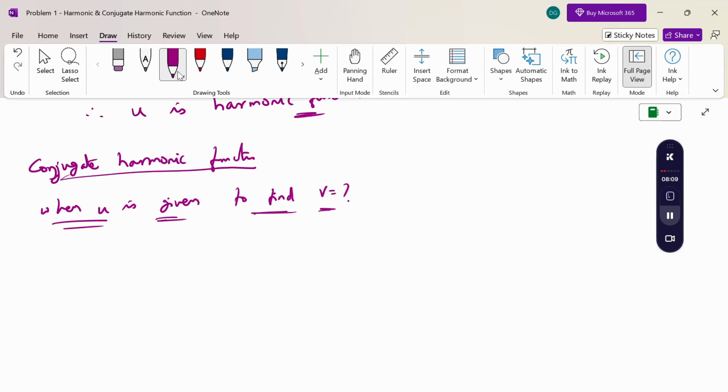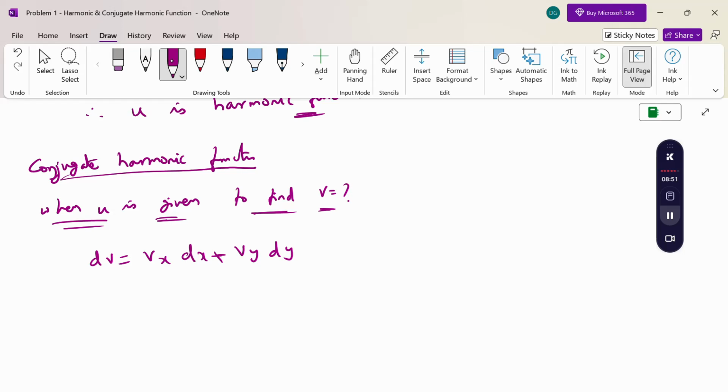Now how to find it, the direct formula? dv equals vx dx plus vy dy.